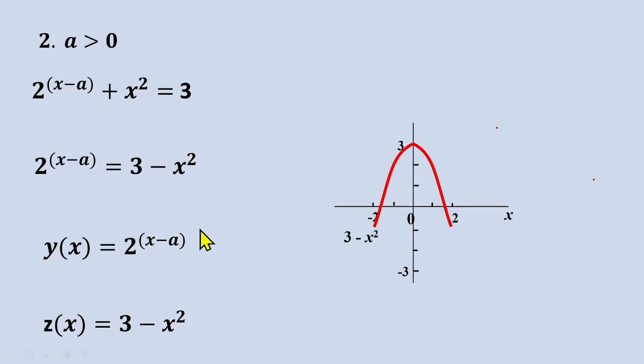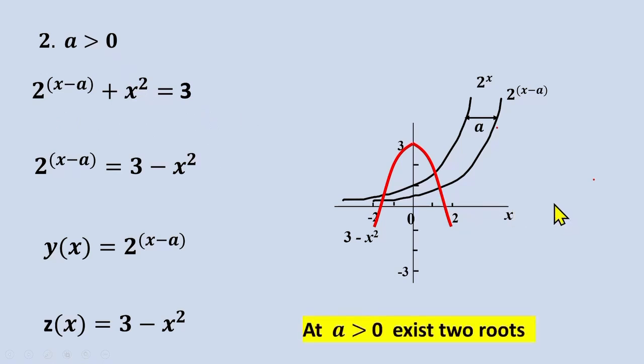And then we plot the function 2 to the power x, and take into account that 2 to the power x minus a, the plot of this function, can be obtained by displacement of this curve to the right at a distance equal to a. Again, we see that this curve intersects the parabola in 2 points. It means that this equation for positive a has 2 roots.